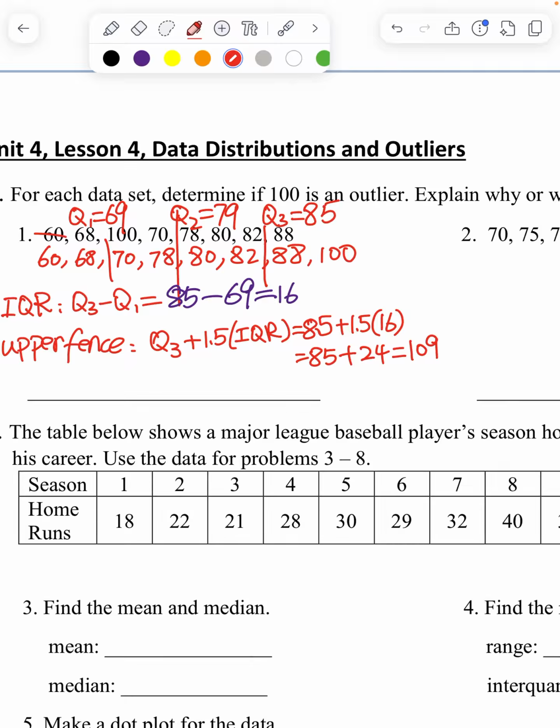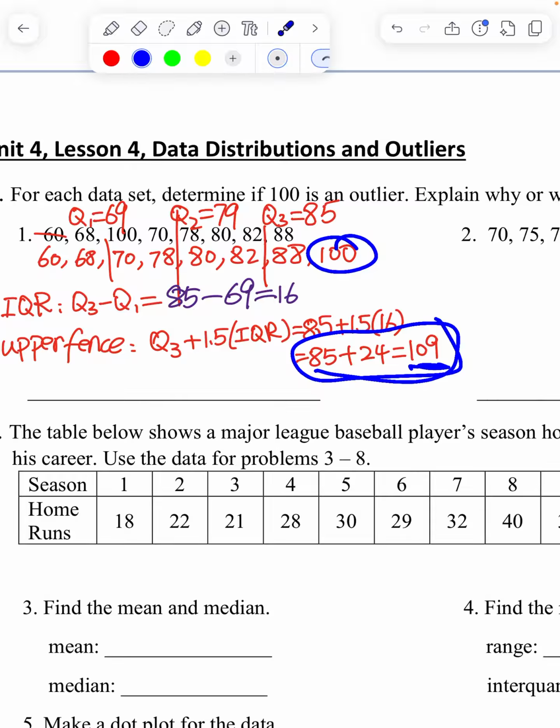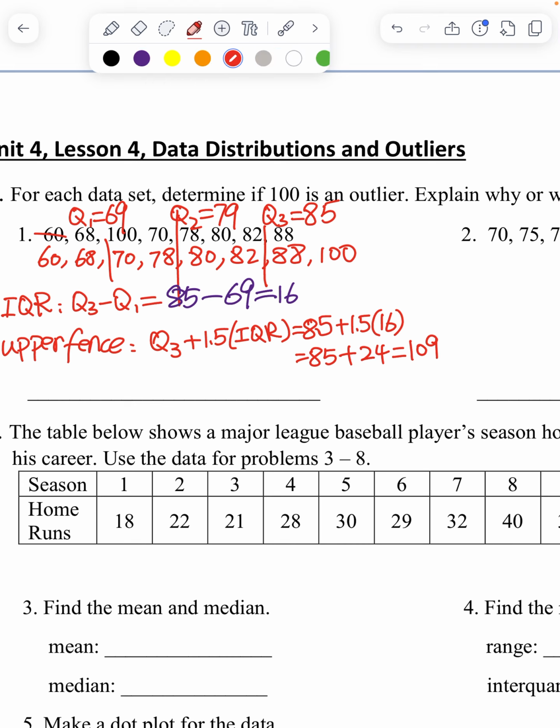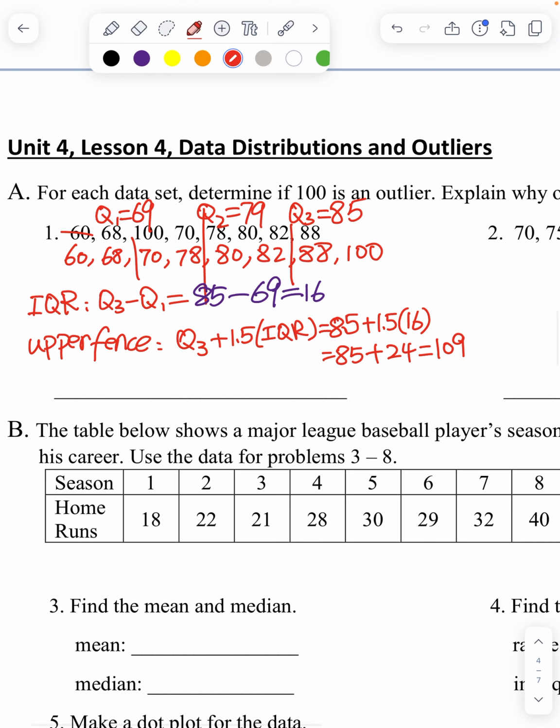So the upper fence is 109. Is 100 bigger than this? No. So it's smaller than the upper fence, right? So since 100 is less than 109, it's not out of the fence.